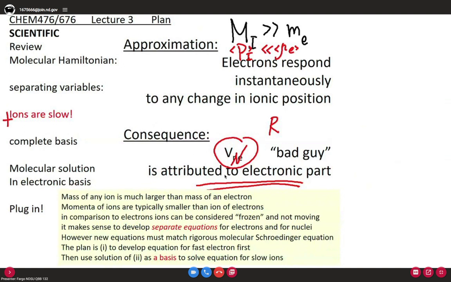The heavier the nuclei, the better this approximation. So it's not perfect for proton. Proton has some quantum features, but if you take something like lanthanum or uranium, it is not much quantum in its position. There is nuclear physics stuff inside, but as a position, as a point charge, it's fine.